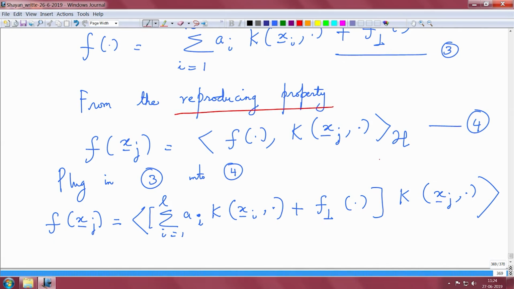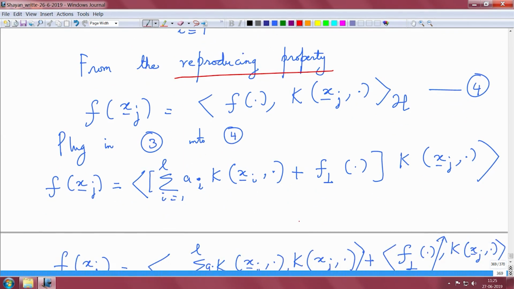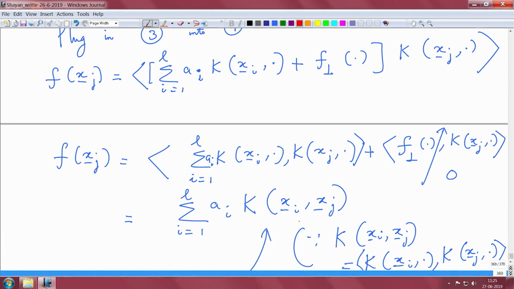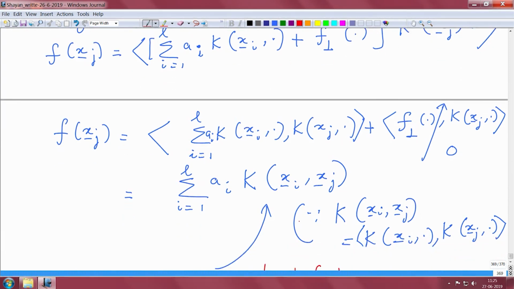So, this is very important. I plug in f, which has two components, one in the span of the kernels and the other in the orthogonal complement of that space, and I take the distributive property and expand the inner products carefully.